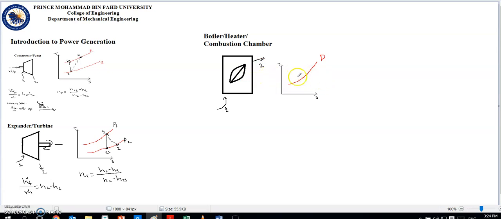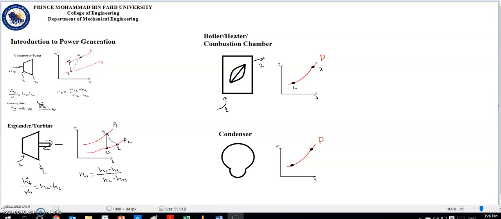So on the TS diagram, we're moving on an isobaric line from point 1 of low temperature to point 2 of high temperature.